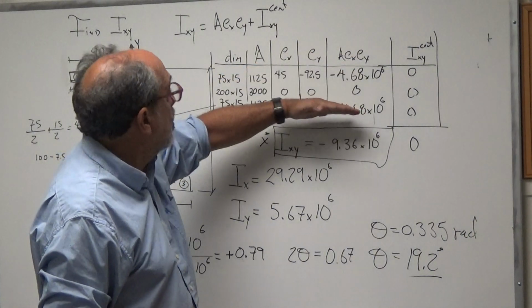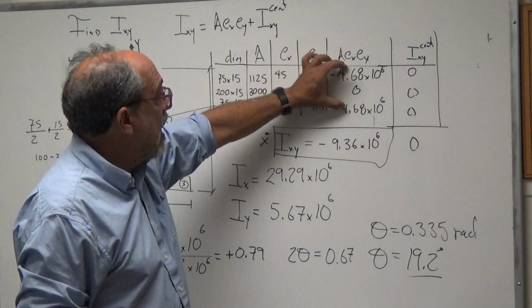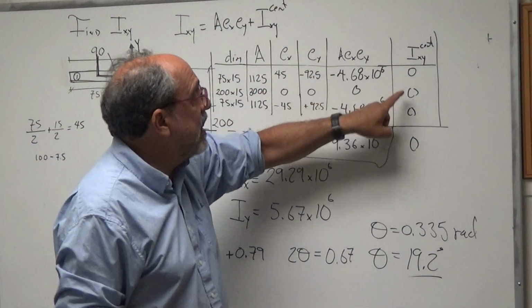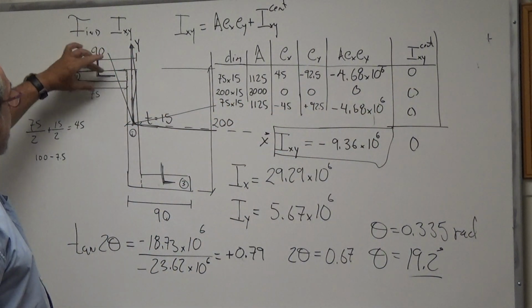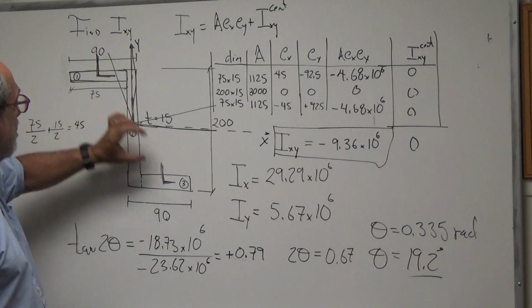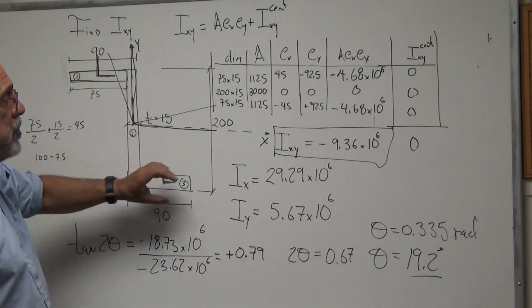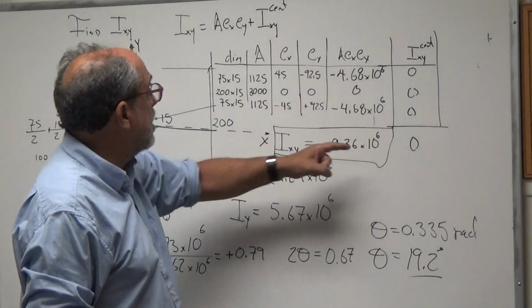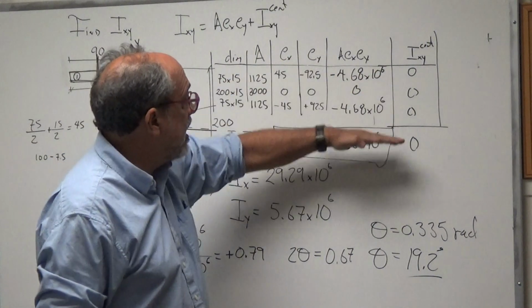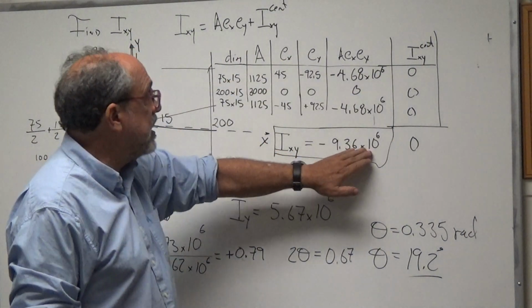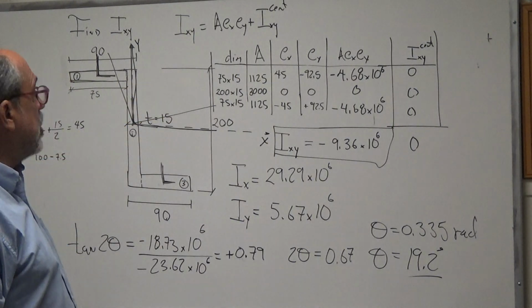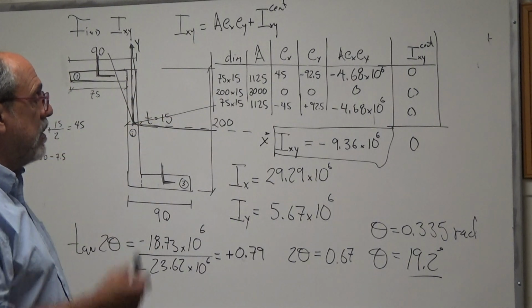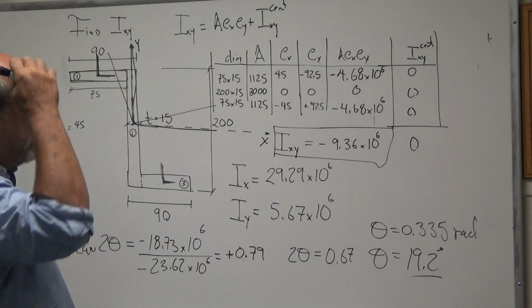Add these two, that's this part, and the centroidal, in this particular case, not always, but in this particular case, because these are symmetrical by themselves, the IXY is equal to 0, so we have 0 on this part. Adding this and this, we get 9.36 times 10 to the 6, which is the product of inertia of this cross-section about the centroidal axes XY, okay? Negative.